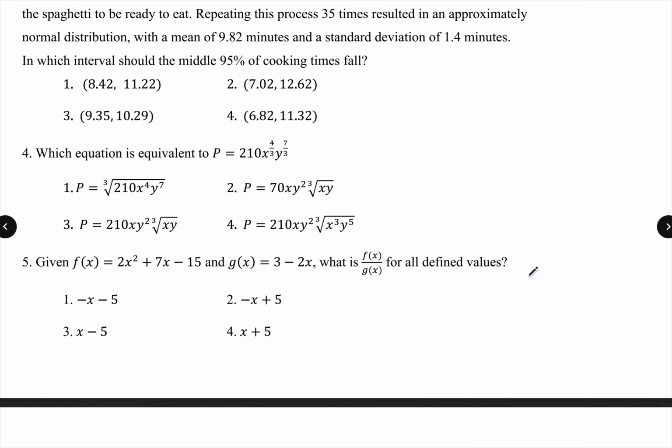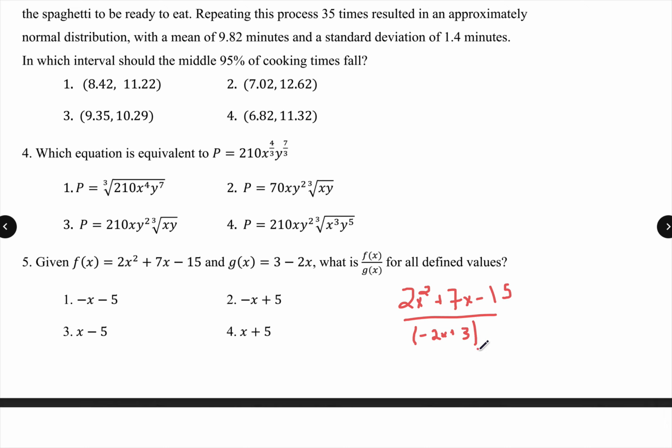For number 5, I'm just going to try to factor, right? So if I look and I just put it over this 2x squared plus 7x minus 15, I could do AC method, right? But I want to just flip this around real quick and say negative 2x plus 3, right?